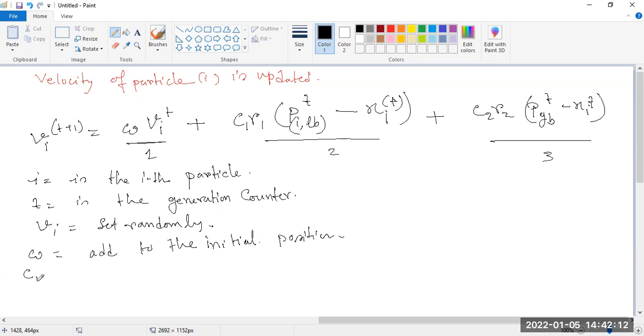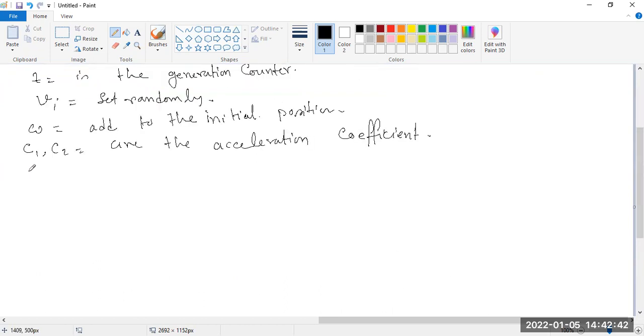And now c1, c2 are the acceleration coefficients, and r1, r2 are random numbers that belong to 0 and 1.